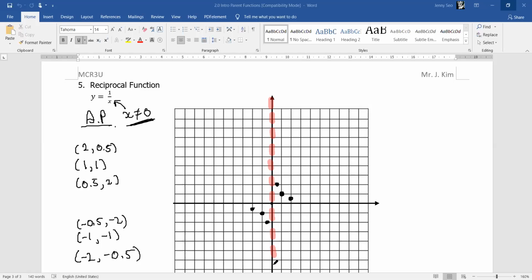The curve can never exist at this point. X equals 0 is what we call a vertical asymptote. Yes, asymptote.